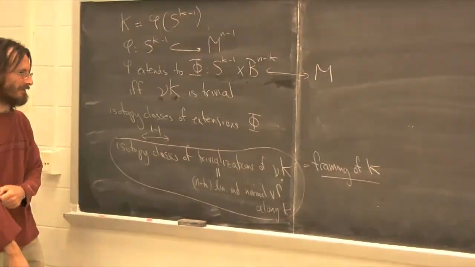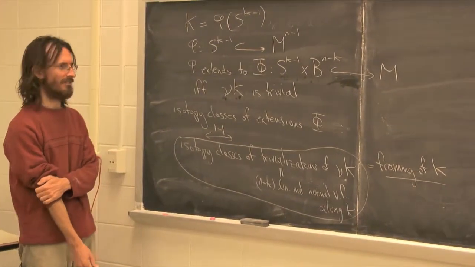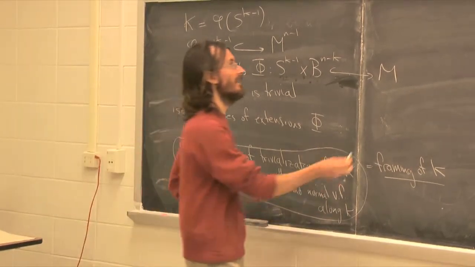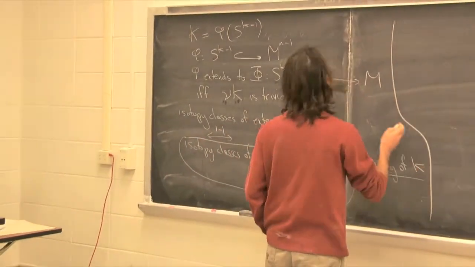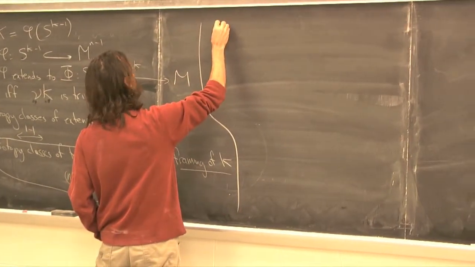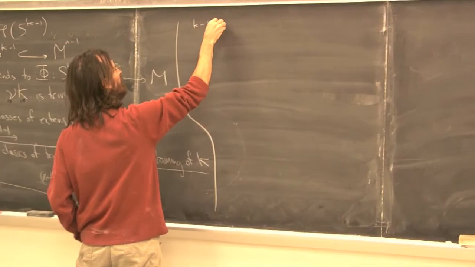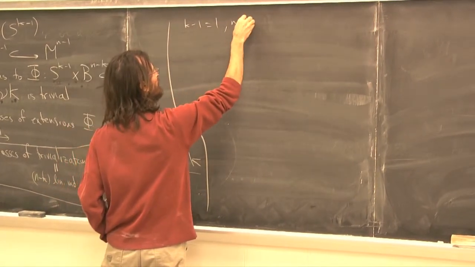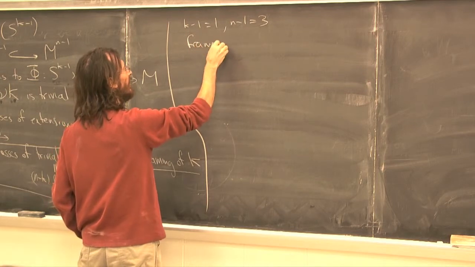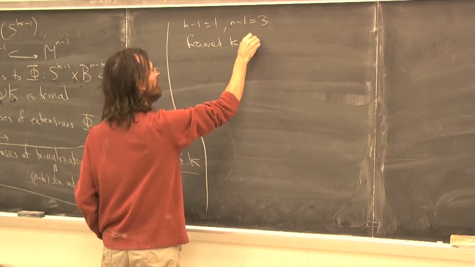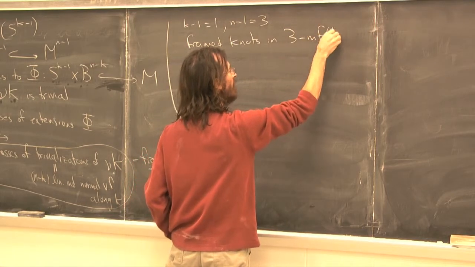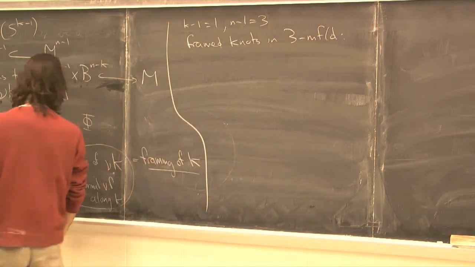Now we talked about framings of S^0s and looked at 4 different cases of those, and then we specialized right away to the case where k minus 1 equals 1 and n minus 1 equals 3, so we have framed knots in a 3-manifold.